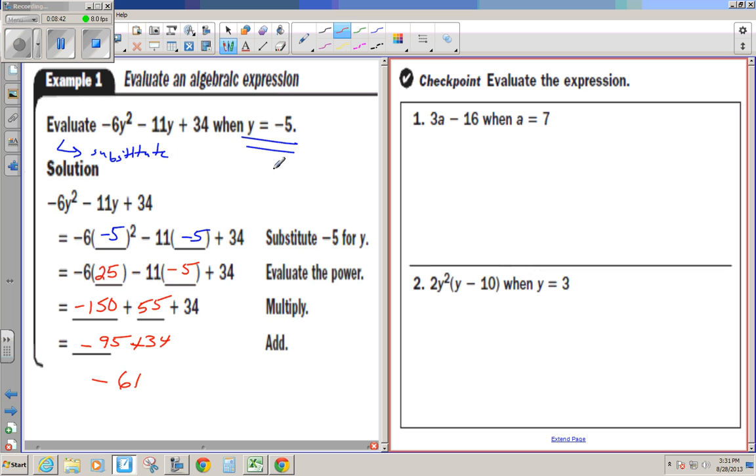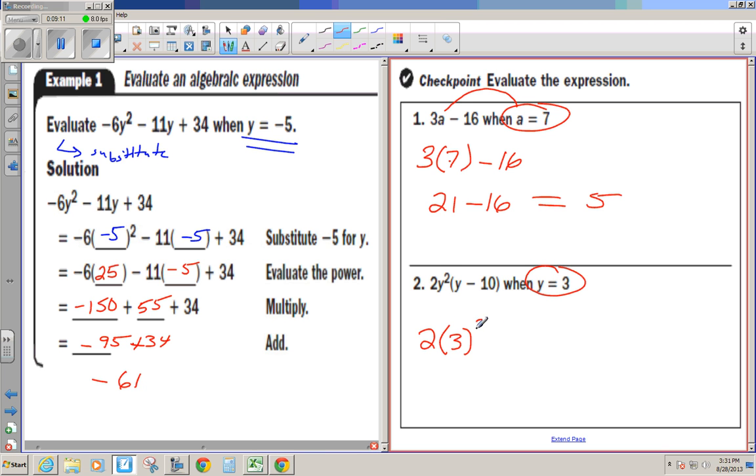All right, let's work out some of this stuff. Let's try it out. Evaluate the expression. When they give you a number, you put it in there. Substitute. 3 times 7 minus 16. 21 minus 16 equals 5. Here again, evaluate by substitution. 2 times 3 squared. 3 minus 10.